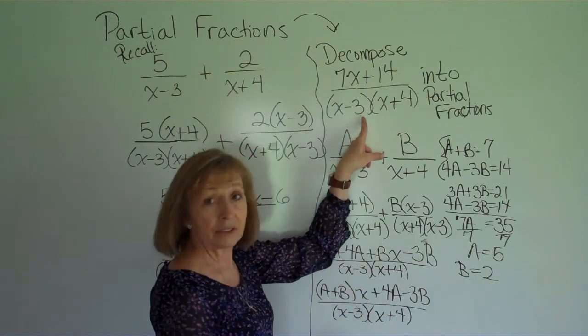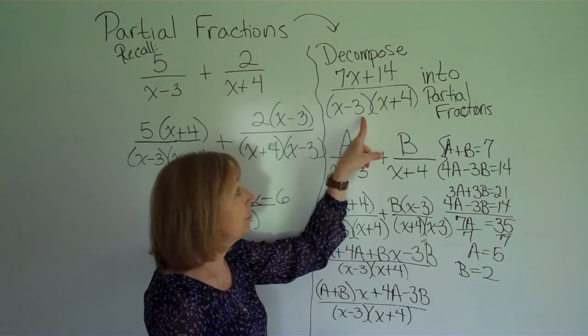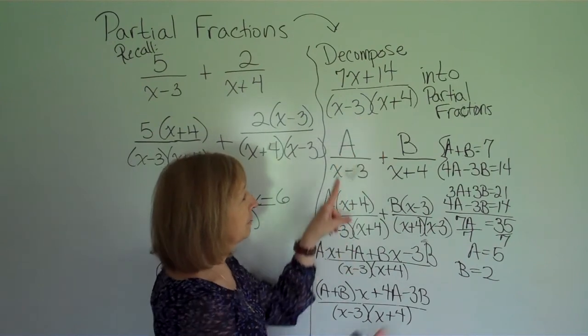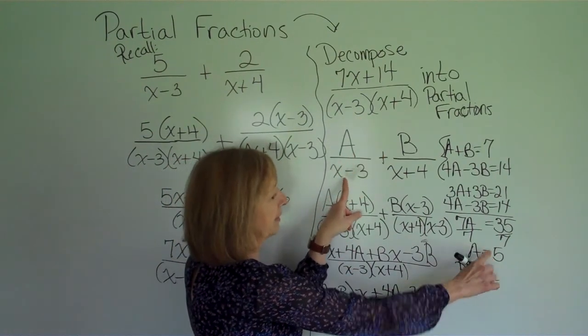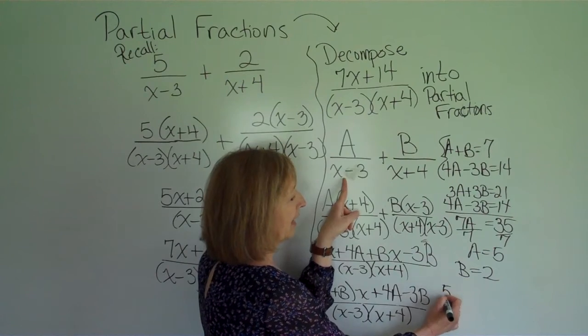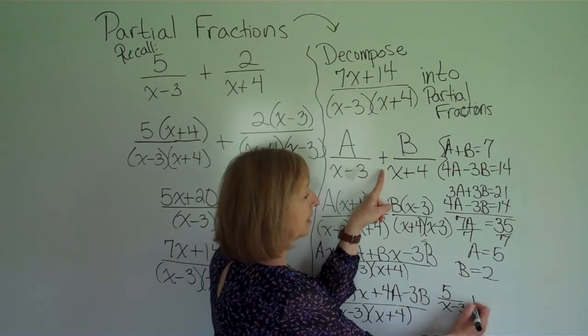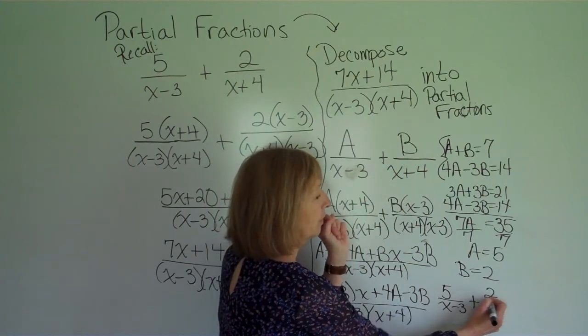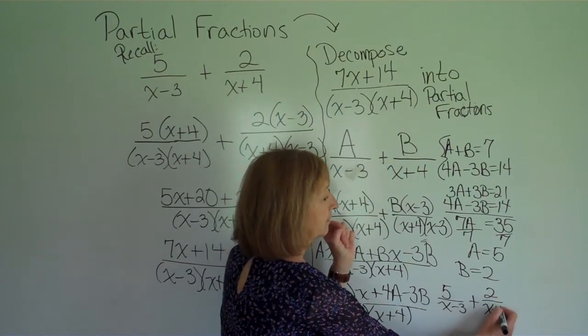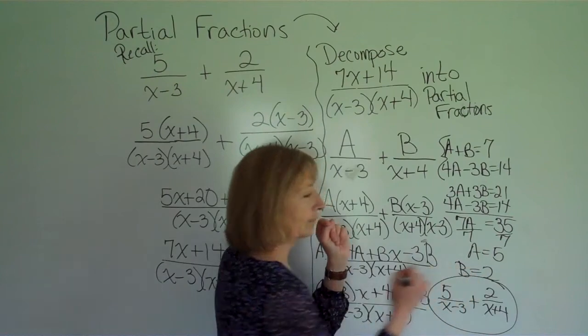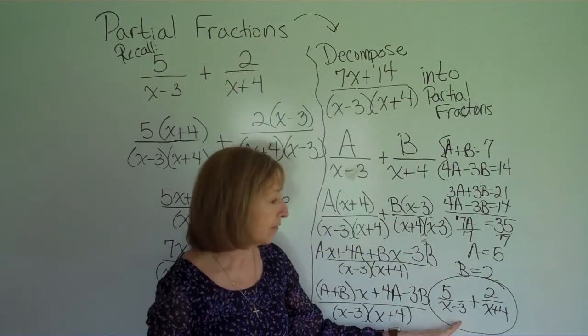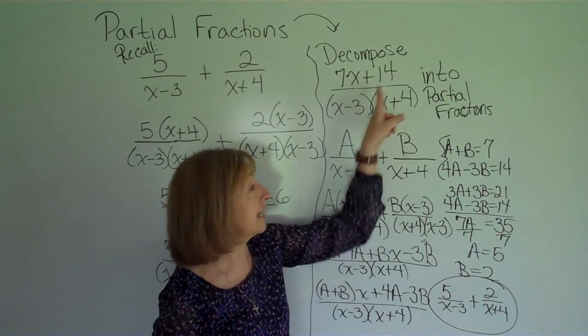So decomposing this original fraction into partial fractions gives me, well, a is above the x minus 3, so it's 5 over x minus 3, and then plus 2 over x plus 4. So those are the fractions that were added together to create that.